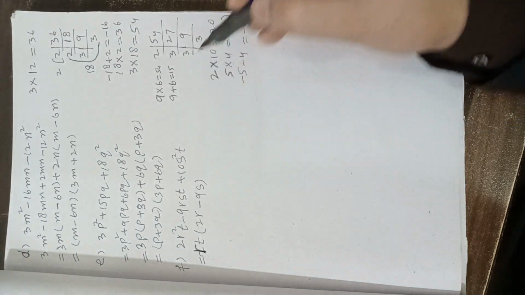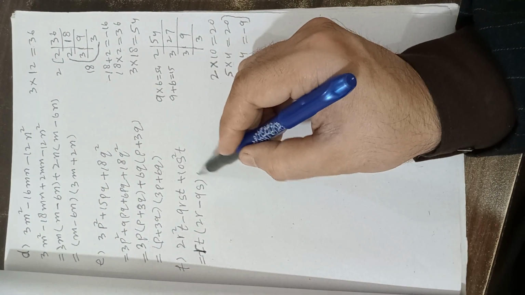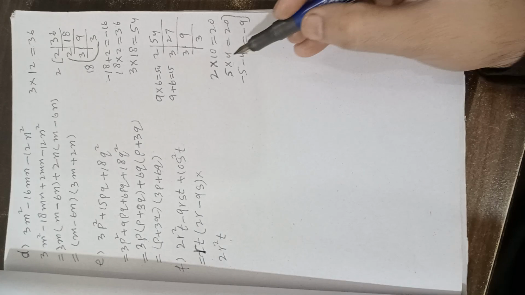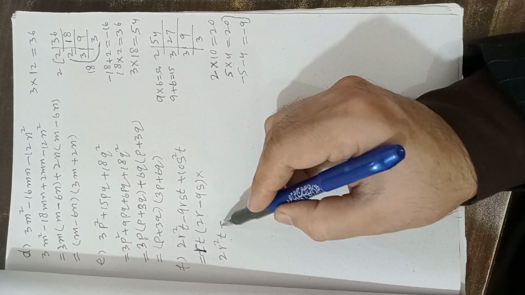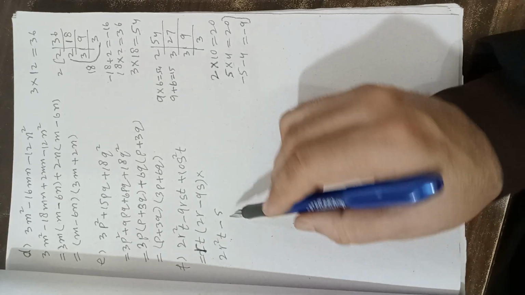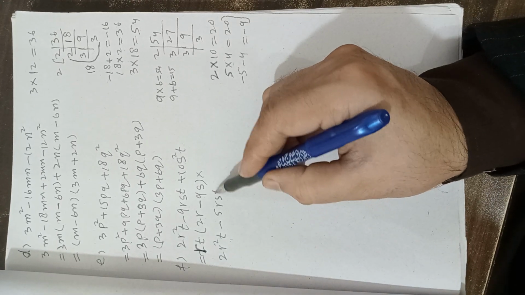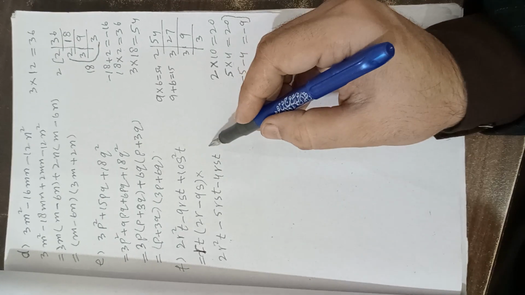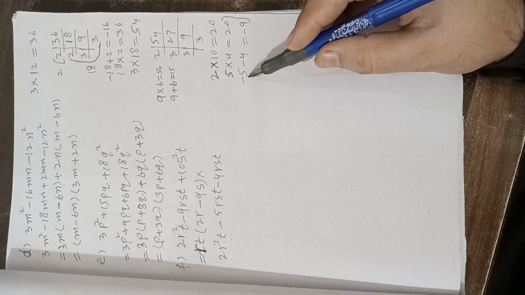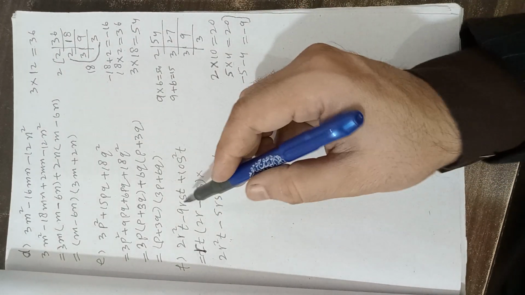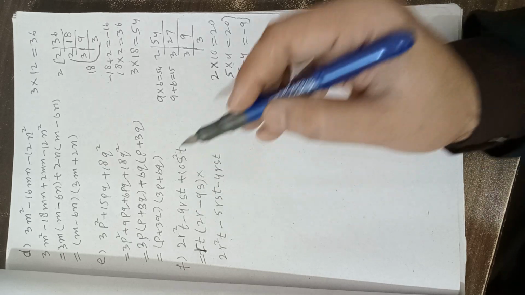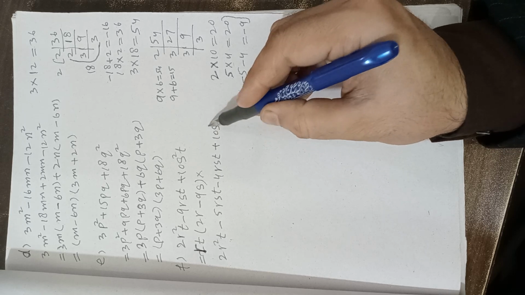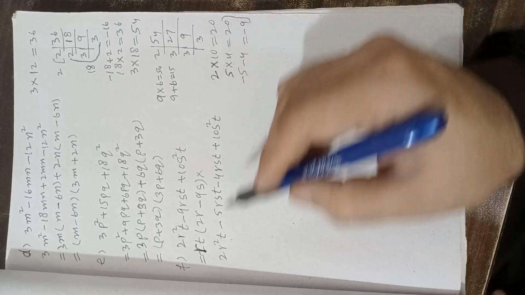Sorry, I didn't add the pair, therefore this step is wrong. 2r square t, and then minus 5rst, then minus 4rst. Minus 5rst and minus 4rst makes minus 9rst, and this plus 10s square t is the same.